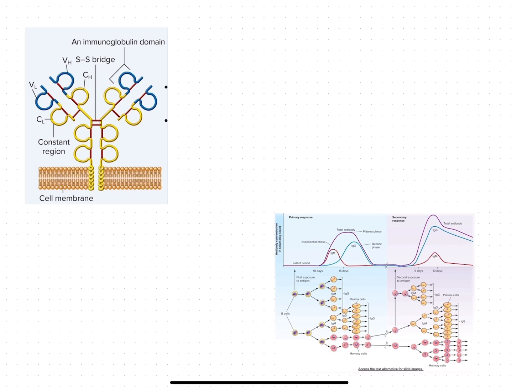Now we're going to talk about B cells. B cells also have immunoglobulin coating their membranes. But the immunoglobulin that they have coating their membranes is usually IgD, instead of mast cells, which have IgE.